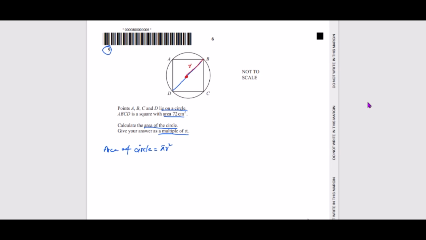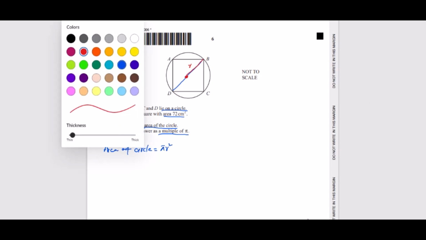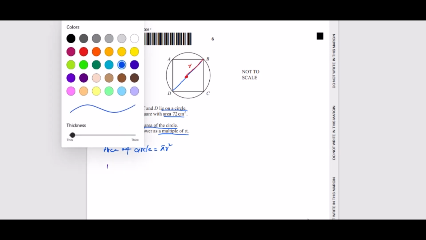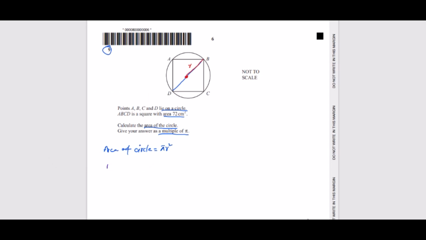This is the center of the circle and this is the radius r. To find the radius, we find the length of BD. This is a diagonal. First of all, we know that the area of a square is equal to L squared. The area of the square is 72, which is equal to L squared.